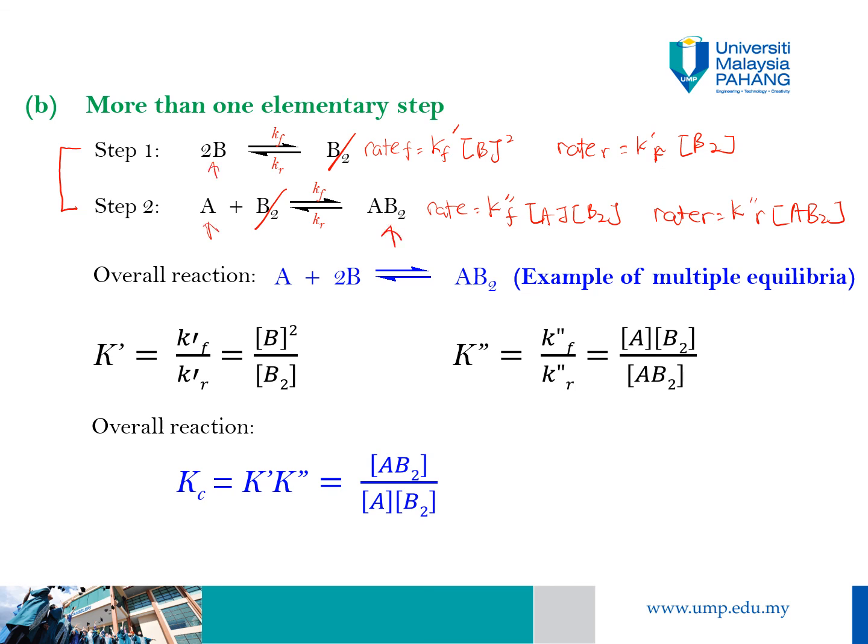So the K prime for step 1 is equal to the rate for forward divided by the rate for reverse for step 1, and K double prime is equal to the rate constant for forward double prime divided by the rate constant for reverse double prime. So Kc is equal to K single prime multiplied by K double prime. So we can get these equations.